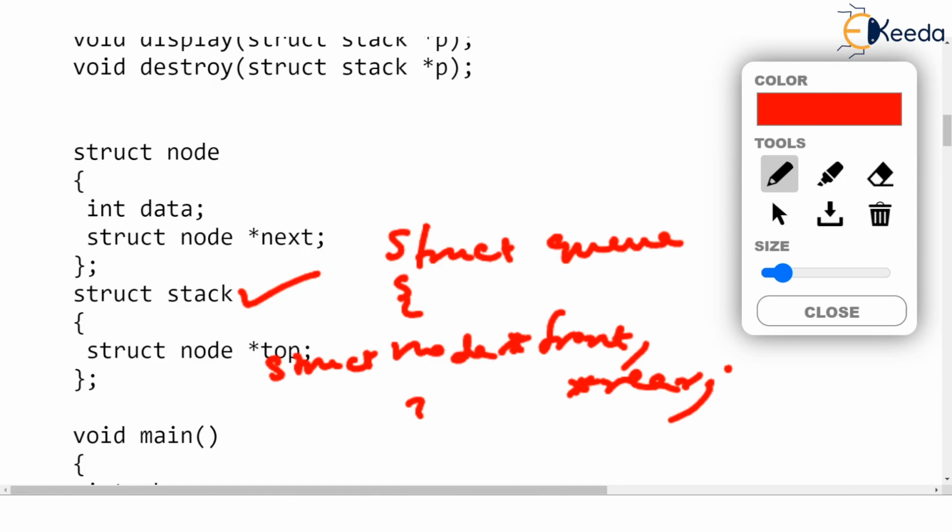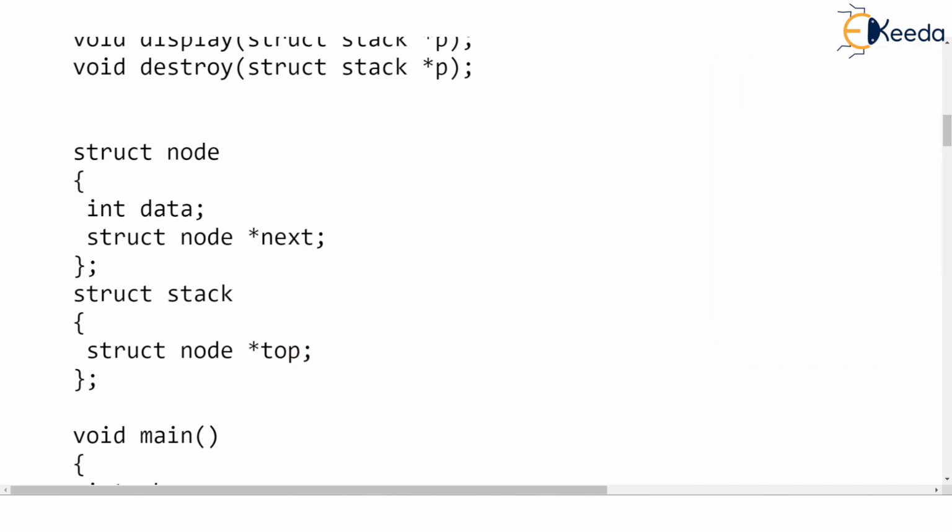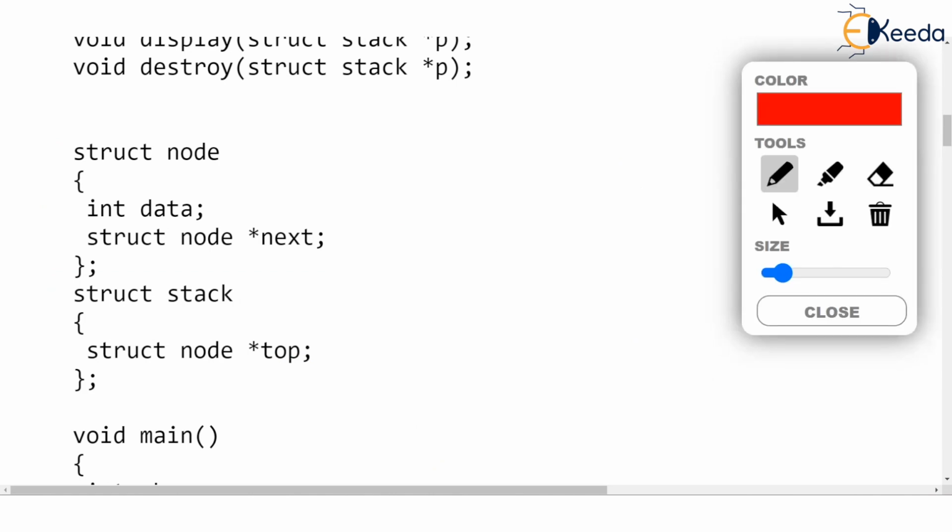Whenever you create a structure, 10 points to 20, 20 points to 30 and so on, and front will always point to 10 because this was the frontmost node inserted, and rear will always point to 30 because this was the last node inserted. So when we learn queue, we will see a similar declaration. Why was this comparison needed? This is the method of writing these data structures.